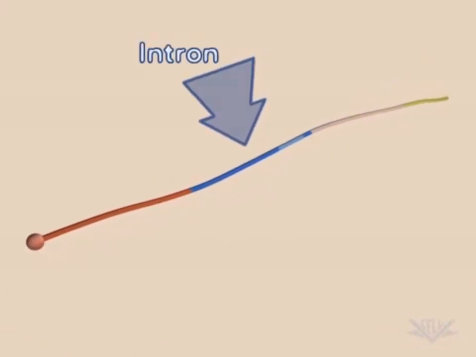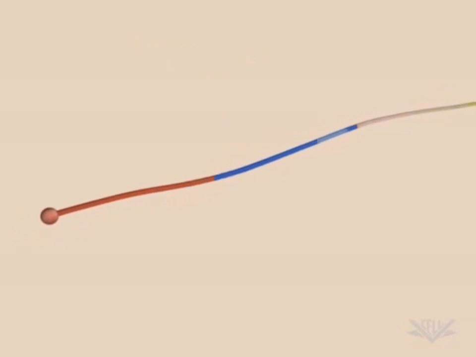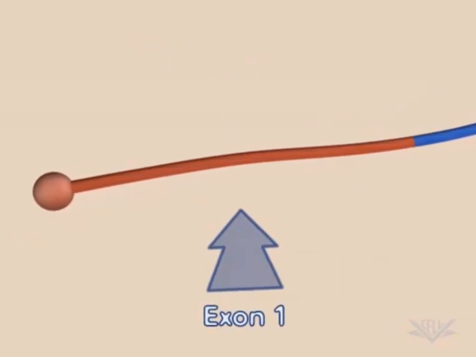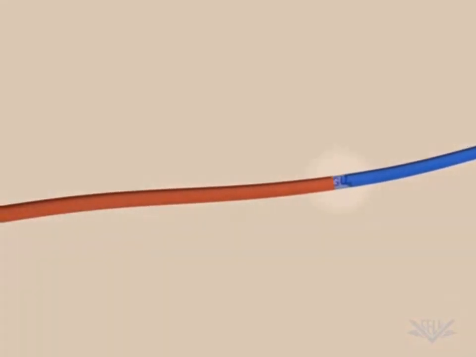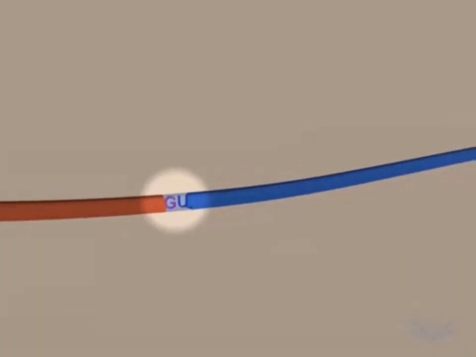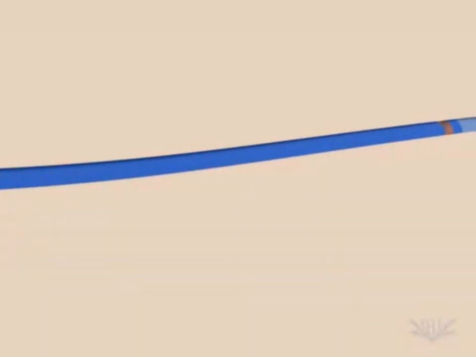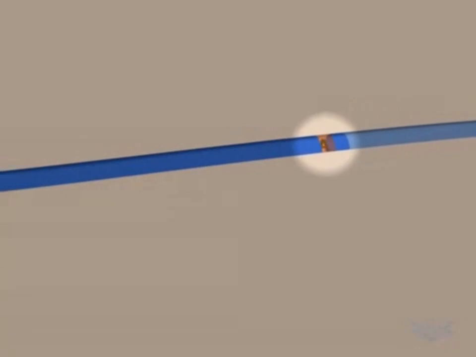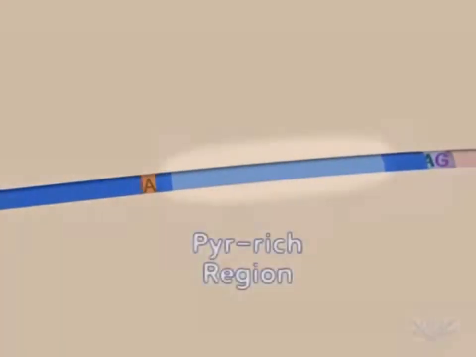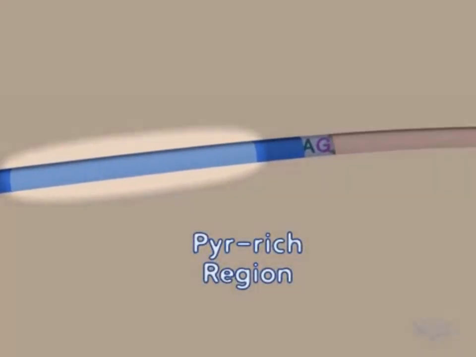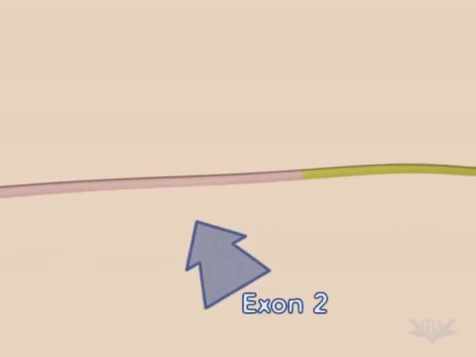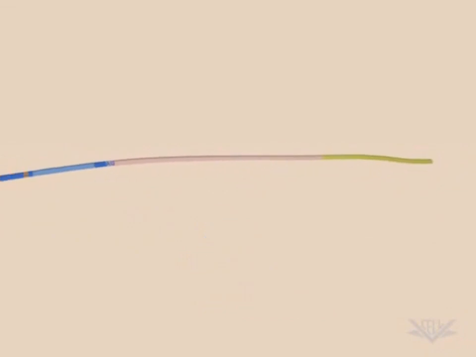Several signals exist within the intron that are used in the splicing process. From the 5' end of the intron, these are GU, the A branch site, a pyrimidine-rich region, and the 3' AG.